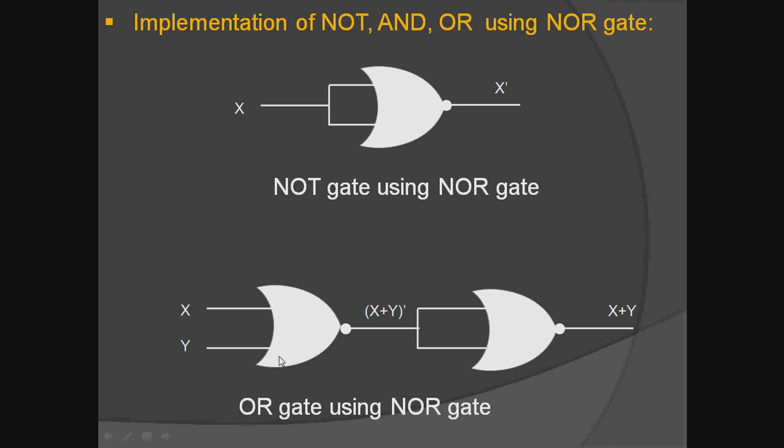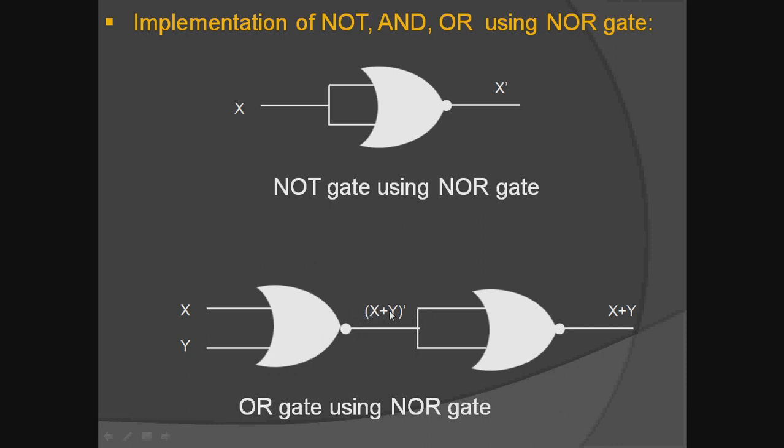Now in the case of OR gate using NOR gate, you are using two NOR gates. You can see that two input values are entered, x and y. Because it is an OR gate, you have to use the plus symbol. So here x, y, then what you get is x plus y in the case of NOR gate, but because of this NOT gate, you get the complement of that.